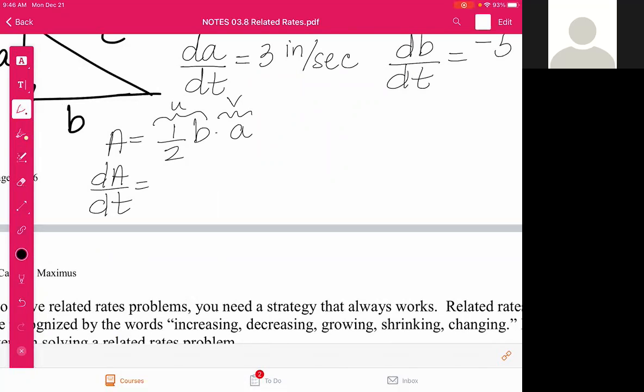So the derivative of 1/2 b will be 1/2 dB dt times a, because you have to do u prime times v, plus the derivative of a, which is 1 dA dt, times the first thing, which was 1/2 b.